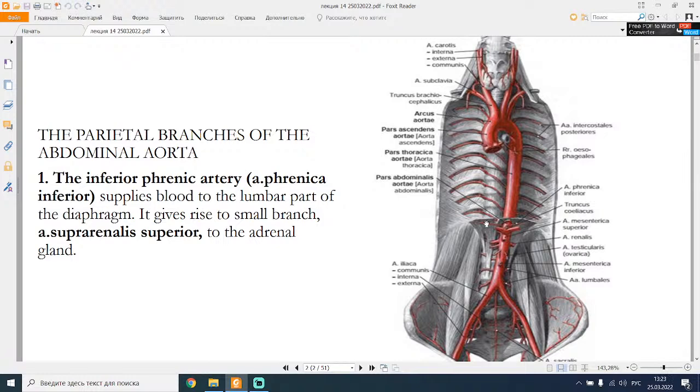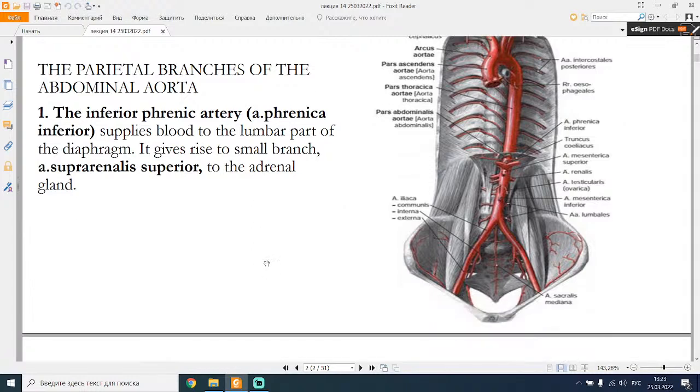It supplies blood to the lumbar part of the diaphragm. It gives rise to a small branch, Arteria suprarenalis superior, to the adrenal gland.